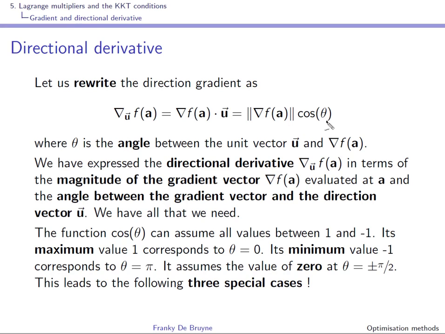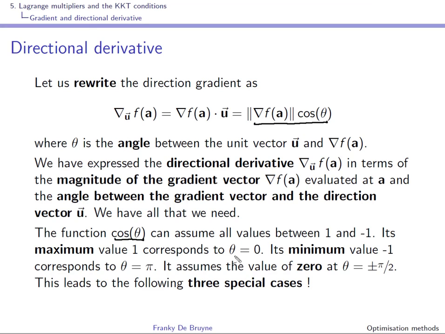And this is why you can write the directional derivative in terms of the magnitude of the gradient vector, this one, and the cosine of the angle between the gradient vector and the direction vector u. Of course, cosine theta assumes values in between 1 and -1, so we'll treat 3 special cases.